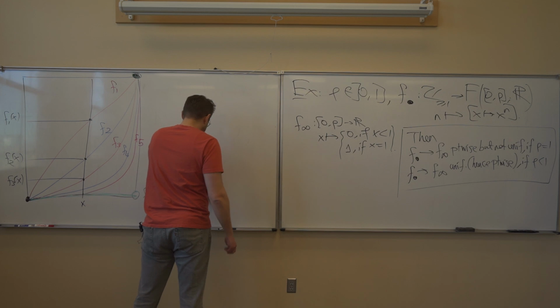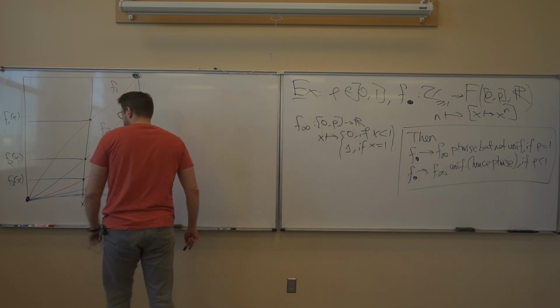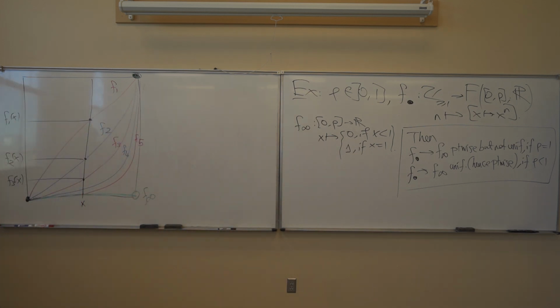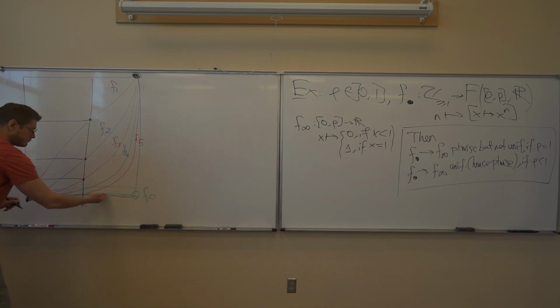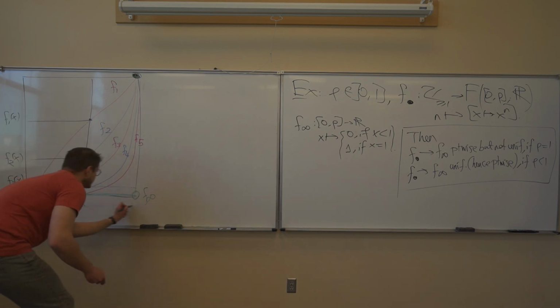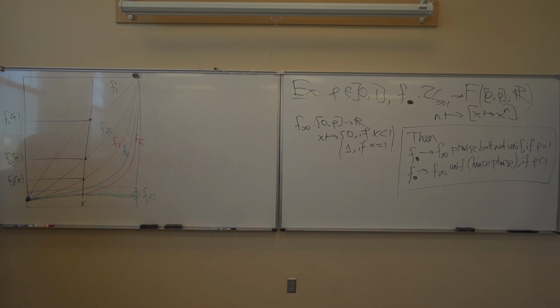Now, it doesn't converge uniformly. How do I see that? Well, here's how you see it. I take an epsilon ribbon around the limit function, right? That was the idea. So you take plus epsilon minus epsilon. What I need is the following.